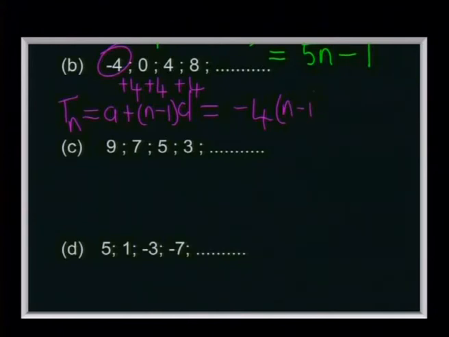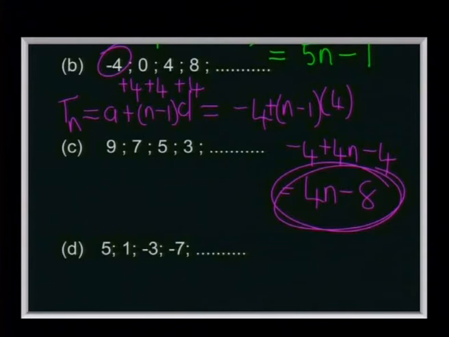We do, however, have to fill in the common difference, and the common difference is also 4. Sorry, there's a plus between those two. Right. So just multiplying this out, I get negative 4 plus 4n minus another 4. So my nth term is 4n minus 8.